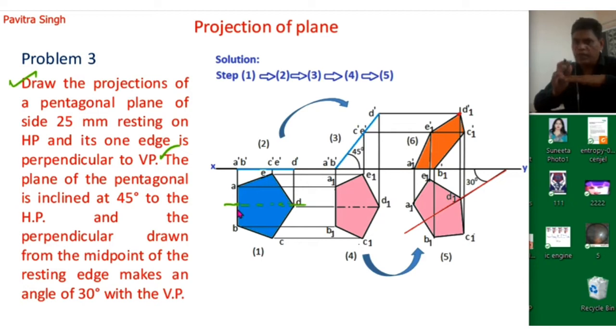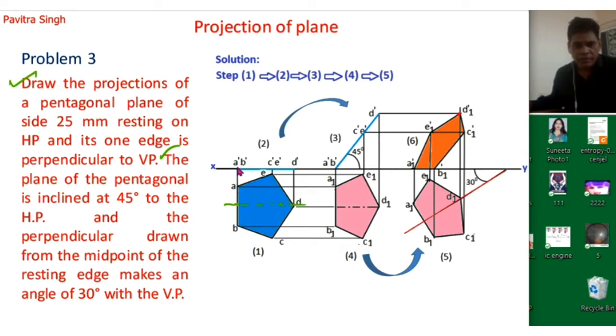So we can see this complete pentagon from the top. When we rotate this in the clockwise direction, this will be the top view. So we can see the complete plane in the top view.